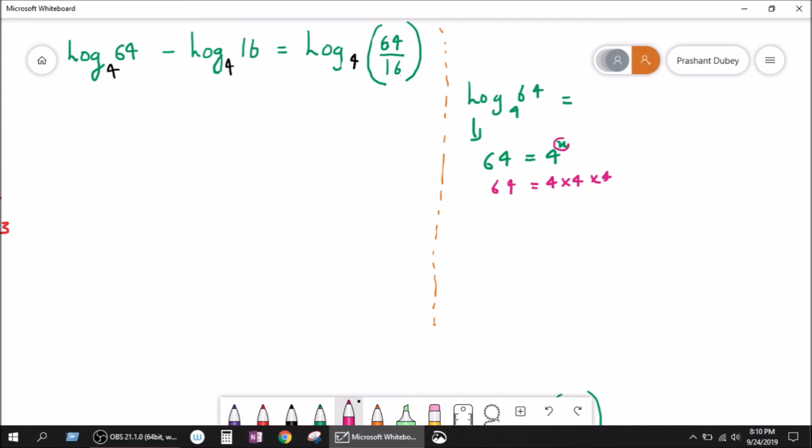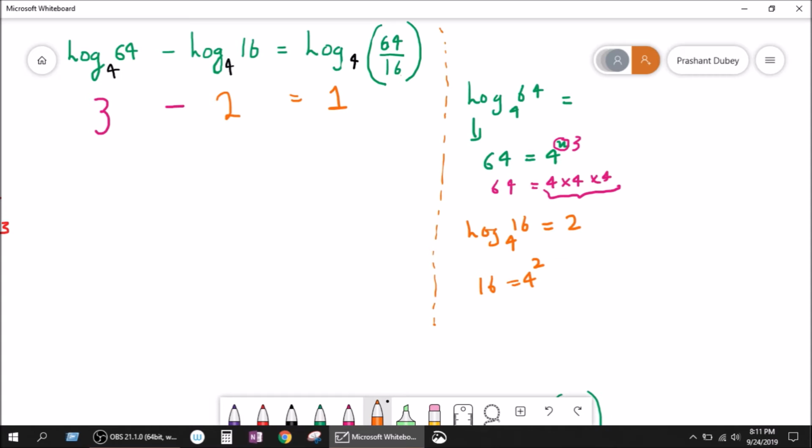So we know that this power will be 3 because the base 4 has been multiplied 3 times. So this is equal to 3 minus, let's talk about log 16 to the base 4. Now this is equal to 2 because 16 is equal to 4 to the power 2. 3 minus 2, now this is equal to 1.